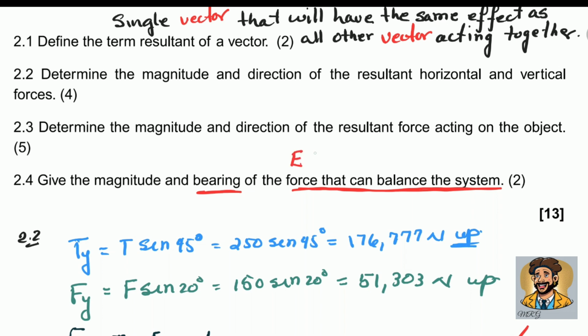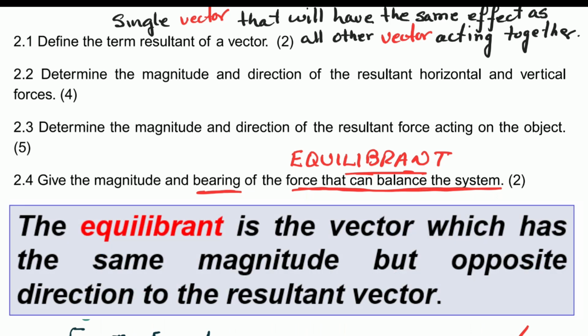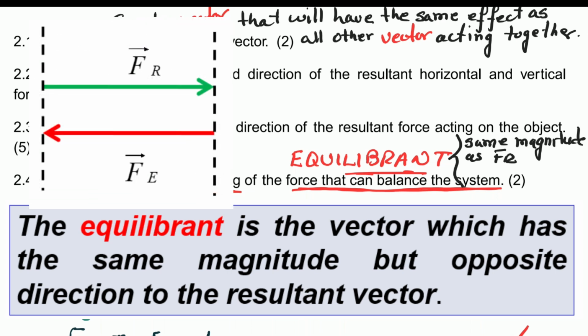equilibrant. And the equilibrant is the force that will have the same magnitude as the resultant force, but it will be exactly in the opposite direction.